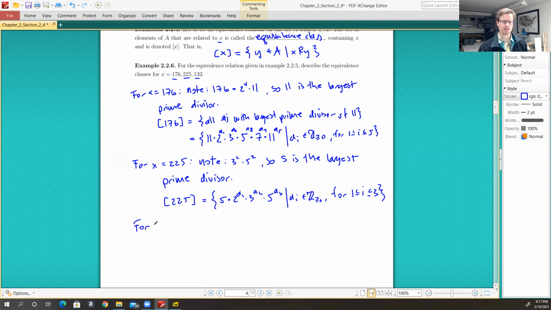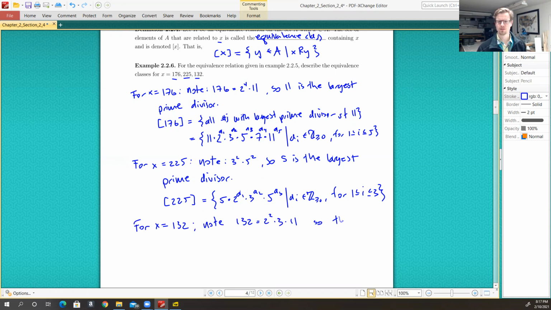So then finally, for x equal to 132, we want to note what the prime factorization is. Well, 132 is equal to 2 squared times 3 times 11.